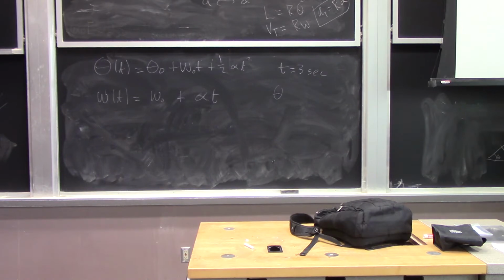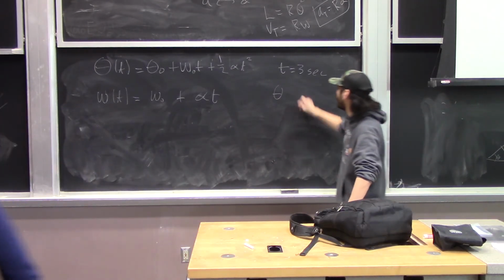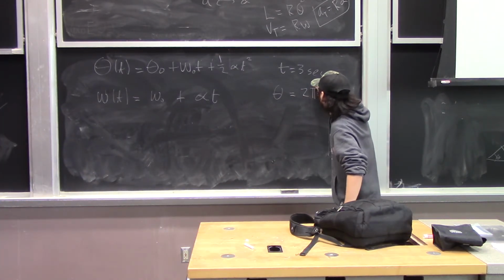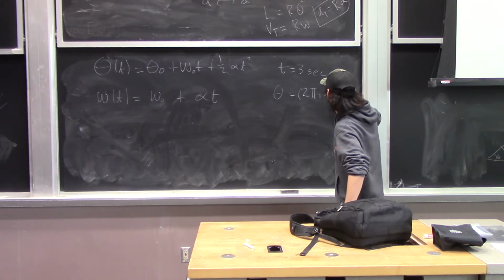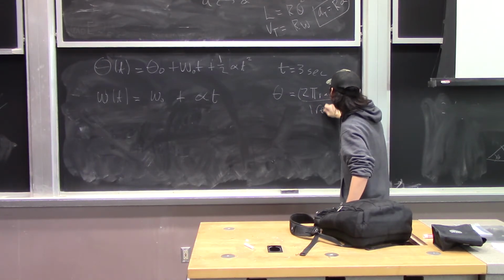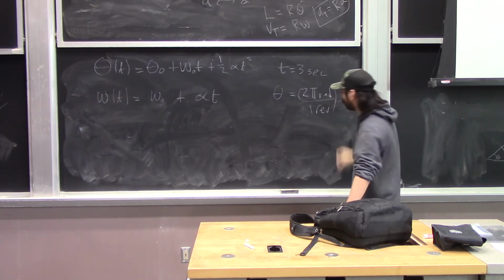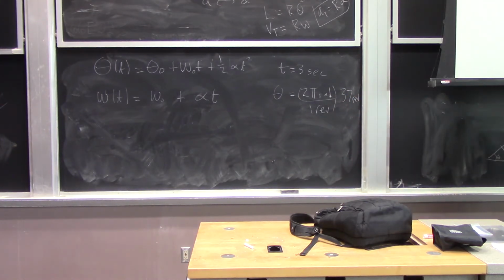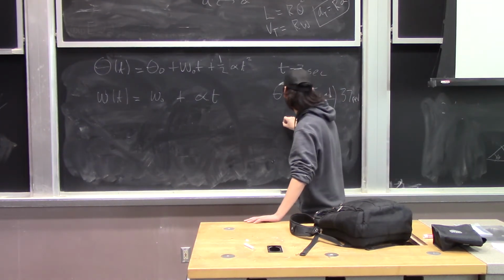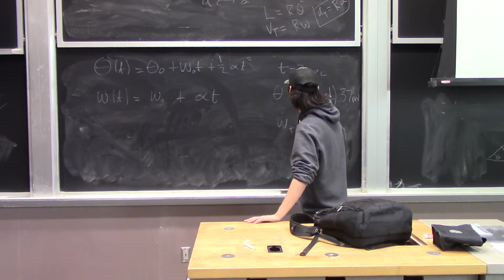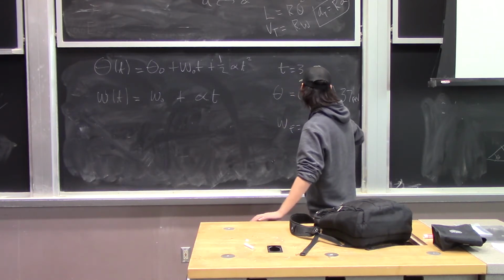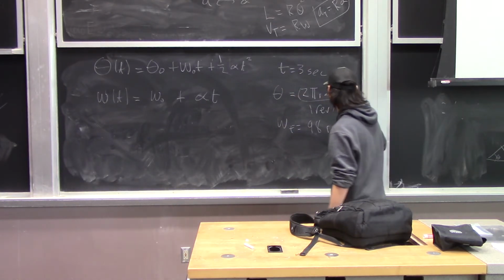Because we know this is 37 revolutions, we know that theta is going to be equal to 2 pi radians per 1 revolution times 37 revolutions. Now, we also know what the final angular velocity is. This is given as 98 radians per second, so omega f is going to be equal to 98 radians per second.